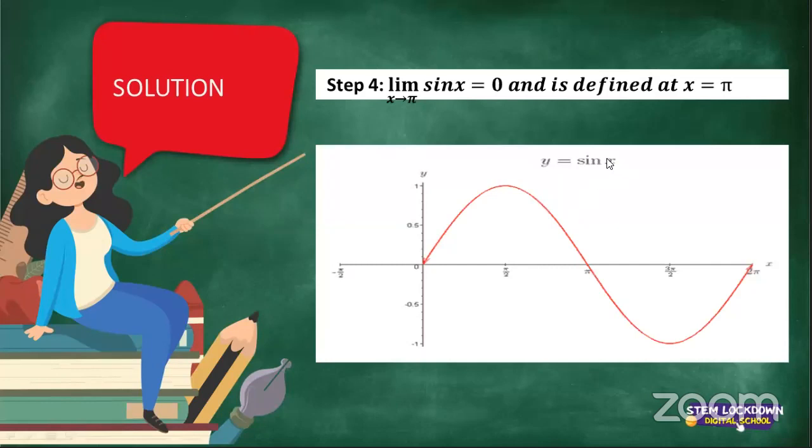But if you type sine pi on your calculator, your answer will be 0. So it's not about what's in the middle. It's just that if you substitute your value of x with pi, what is your output? And your output is your value of y.